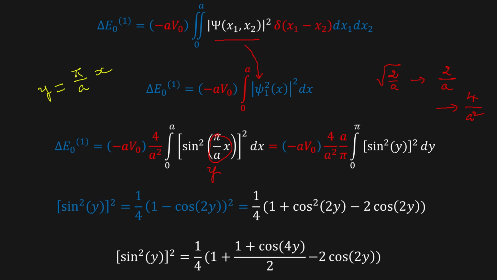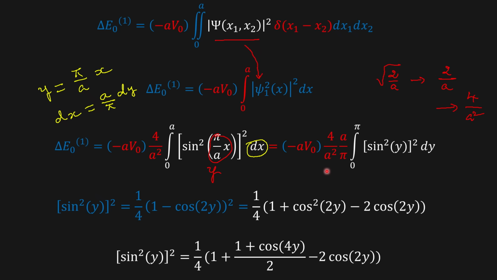Then what is dx? We are differentiating y with respect to x, so you bring pi by a to the other side, and dx is equal to a over pi dy. So we can replace dx with a over pi dy.